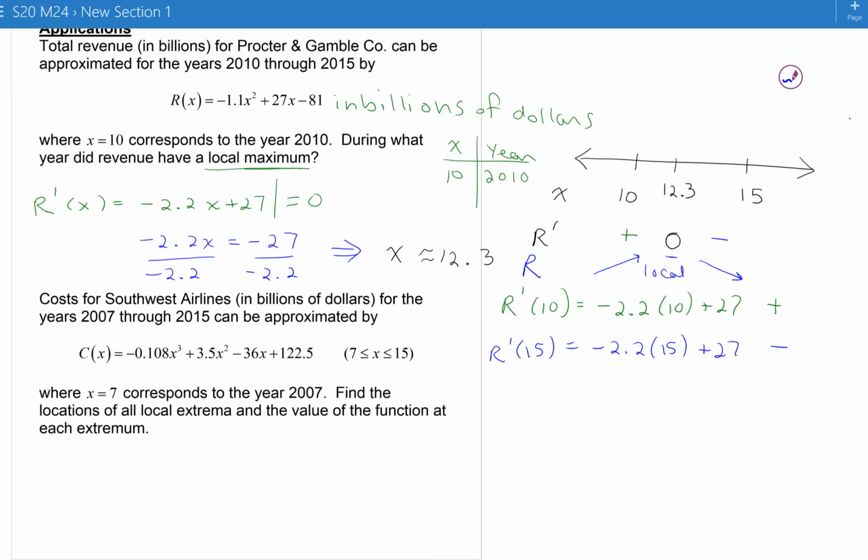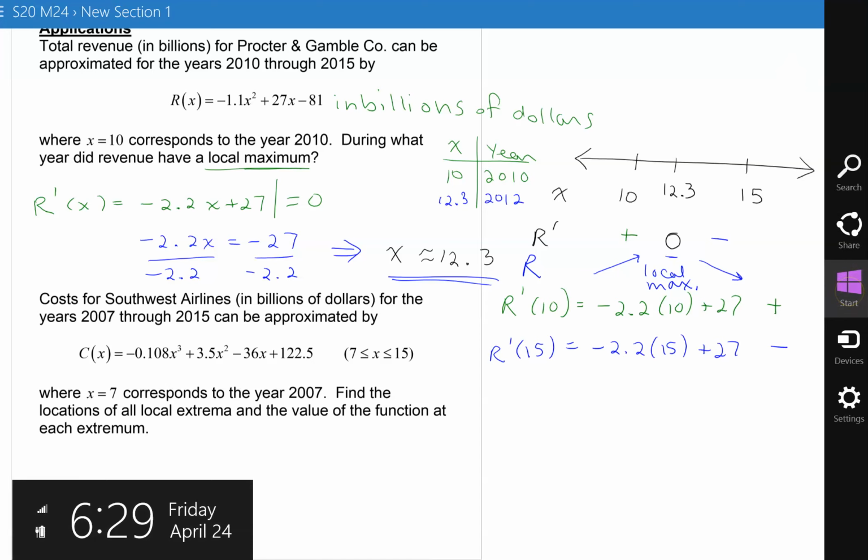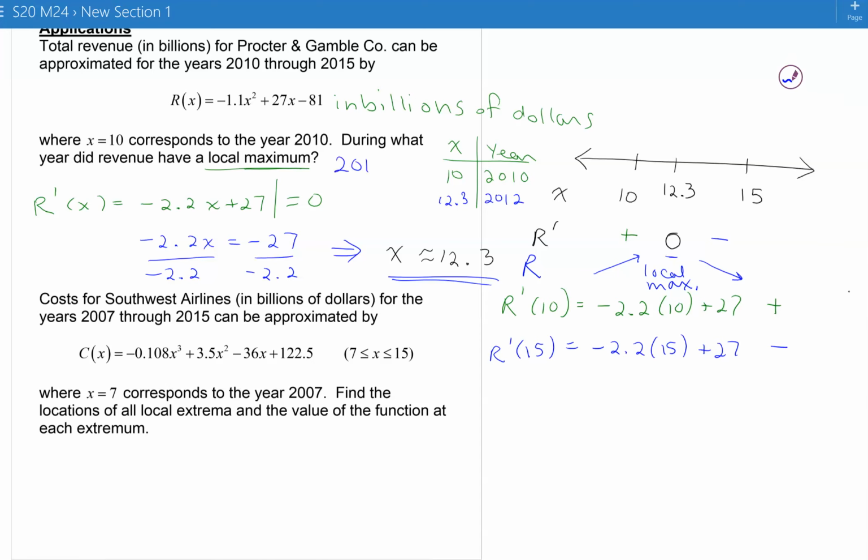So this is a local max, and it's happening when x is about 12.3. So when x is about 12.3, that's the year 2012. So our answer would be during the year 2012 was when they had a local maximum of revenue.